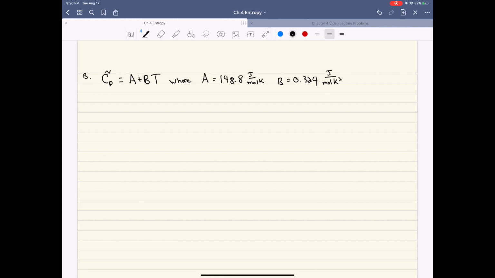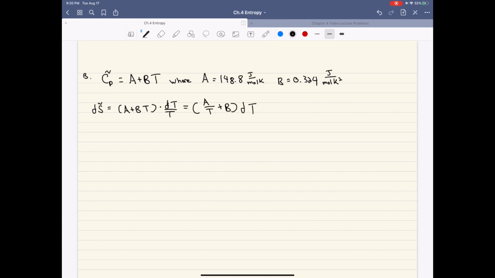And so when we look at our entropy balance, we could plug in this equation for Cp. So we have A plus BT times 1 over T dT. And we could factor across the 1 over temperature. And so what we'll get is A over T plus B dT.